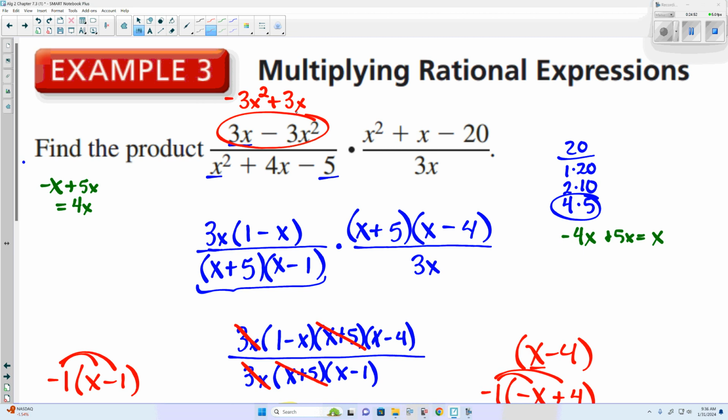So what we could have done instead is, instead of factoring out 3x, we could factor out negative 3x. And we do that, the 3x squared becomes x, our positive 3x becomes negative 1. We get that there. Huh? 4?